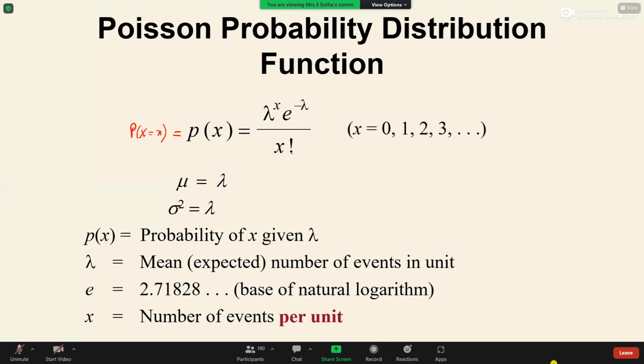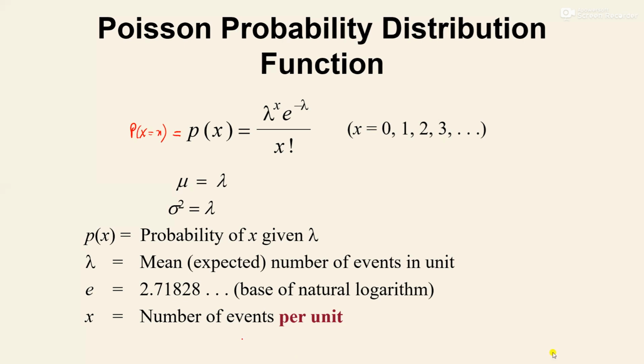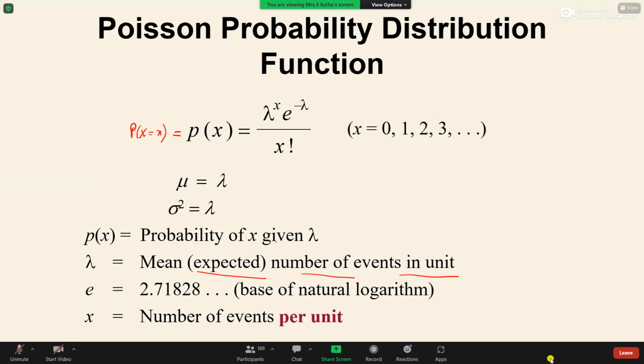Lambda is the average number, the mean or expected number of events in 1 unit.